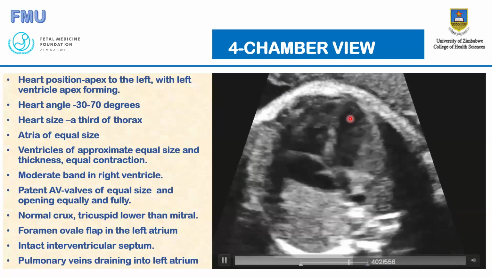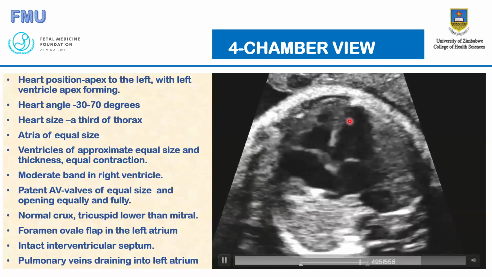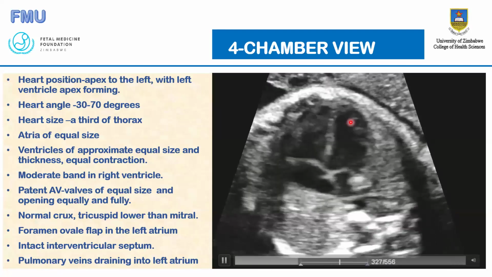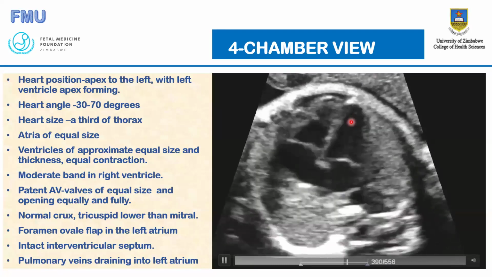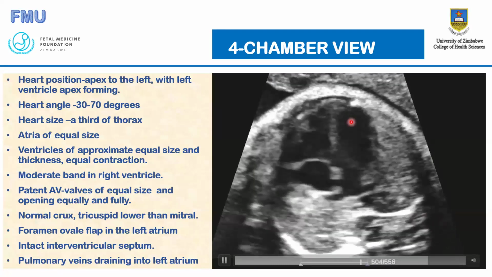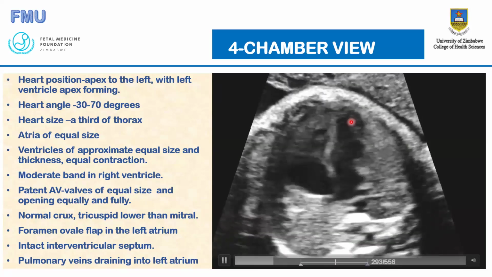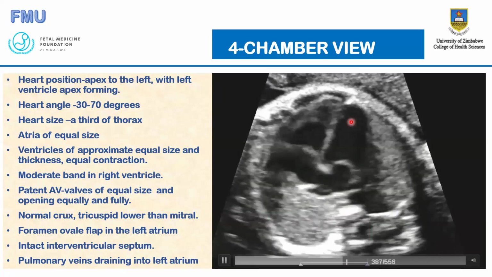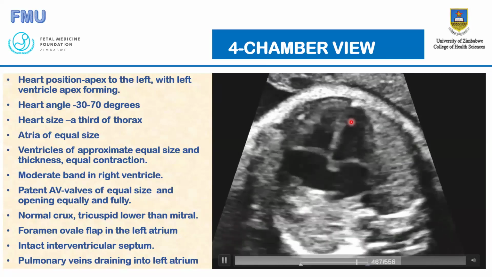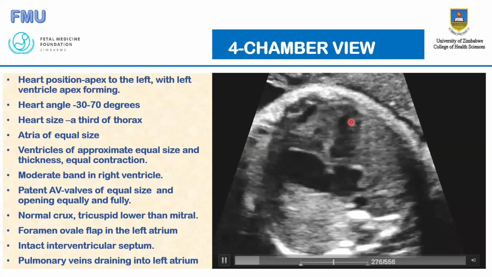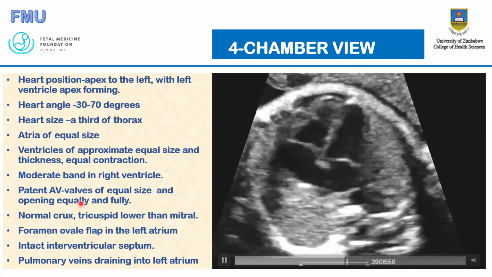If the left ventricle is not forming the apex, then there is a gross abnormality of the heart. We'll talk about those gross abnormalities, what heart defects will make the heart look like the left ventricle is not forming the apex.